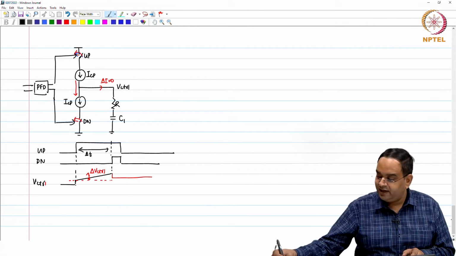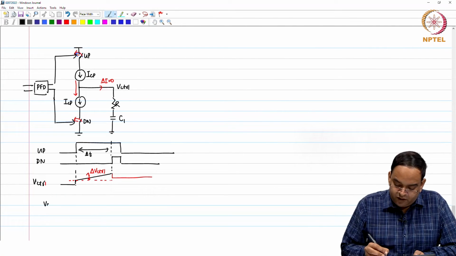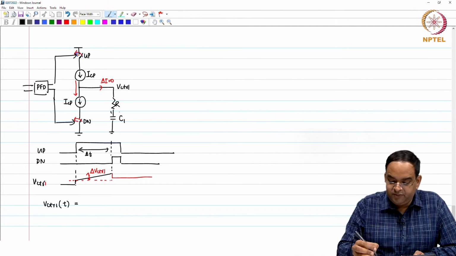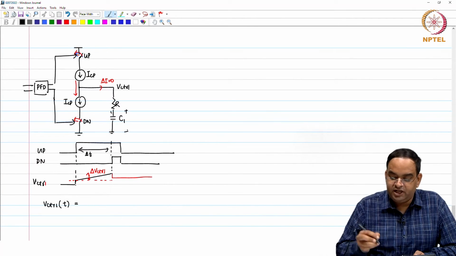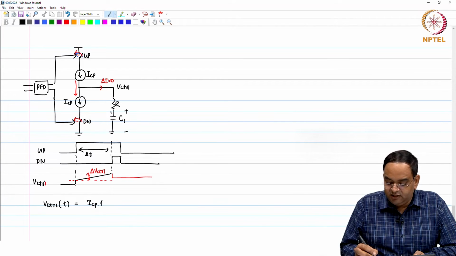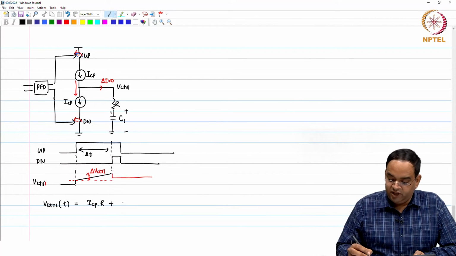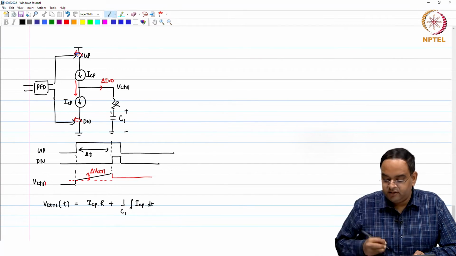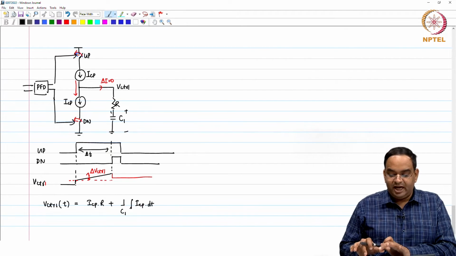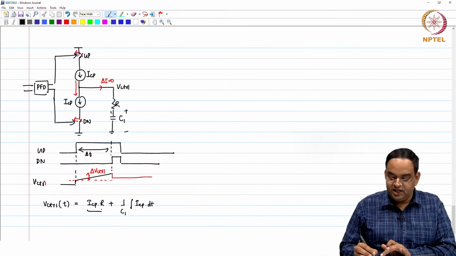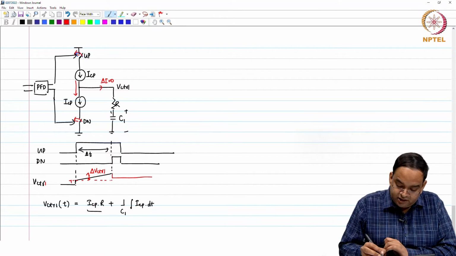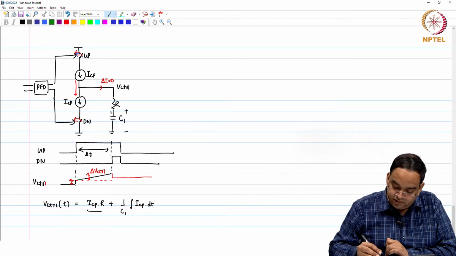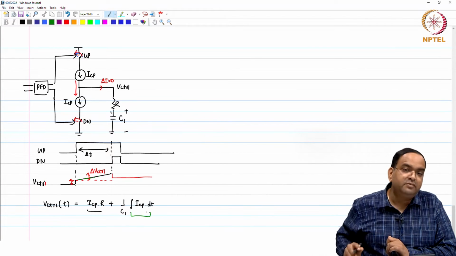So, if I want to write an exact equation, I can even write V control of t is ICP goes through R. So, you are going to get a voltage here. So, that is ICP R plus you are integrating current, right. So, ICP times dt. So, this appears to be a very simple expression. You see ICP times R is a jump here, and the continuous increase which you are seeing, that is this term.